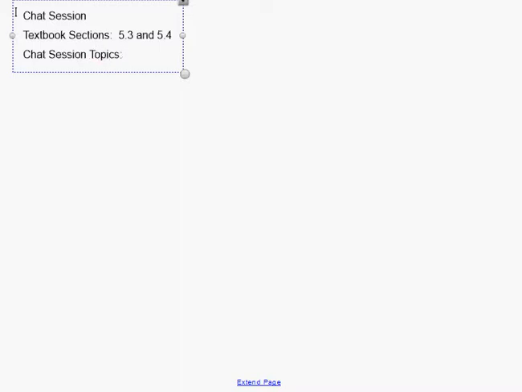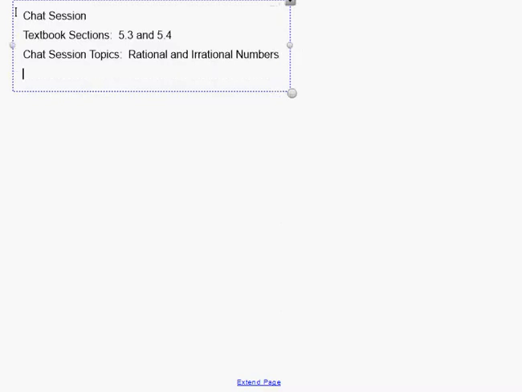Chat session topics: rational and irrational numbers. Now, what is a rational number?